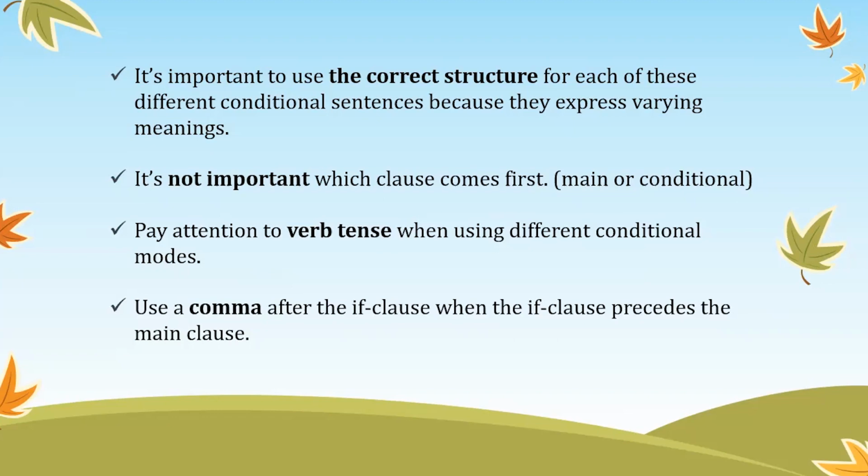And also you have to pay attention to the verb tense while using each conditional type. And of course the comma is an important punctuation, and regarding conditional clauses, it should be used when the if clause precedes the main clause. Otherwise, you don't have to use the comma. You will understand better while we see the examples in detail.